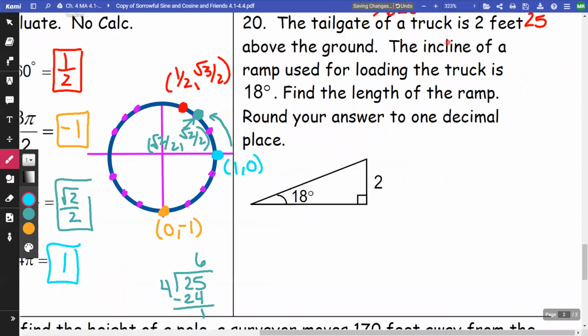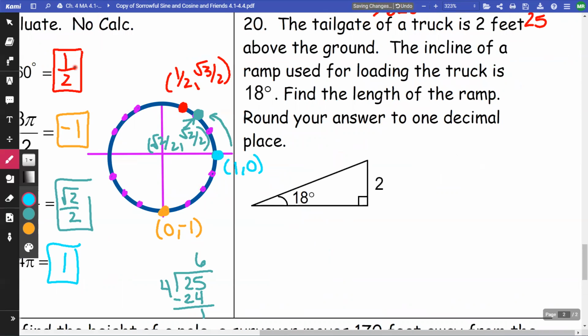On 20, in the situation, we want to find the length of the ramp. So we want to find this. So I'll just call this R, okay, ramp, radius, whichever way you want to think about it. And so for this, I've got opposite and hypotenuse.